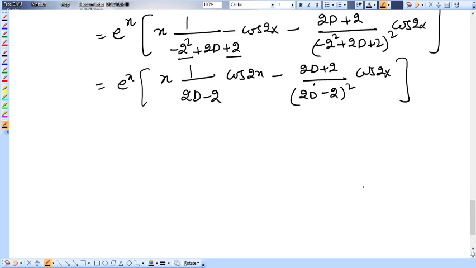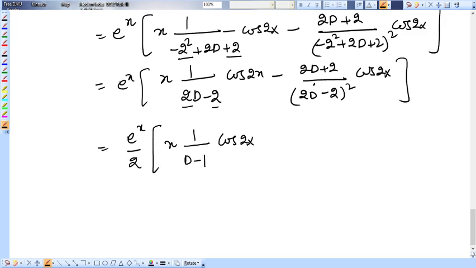So now you take 2 common from here, and we write it outside the bracket as e^x by 2. Inside you will have 1 over (D minus 1) cos 2x.